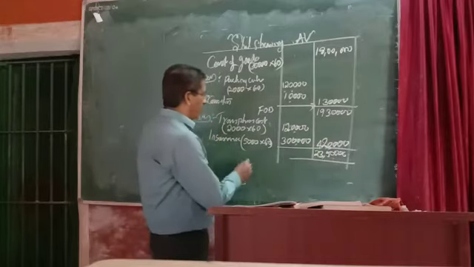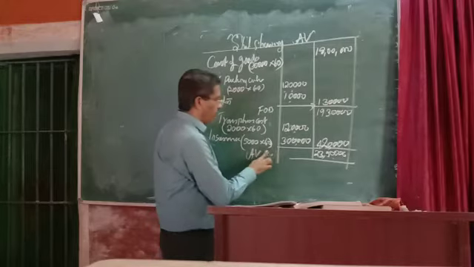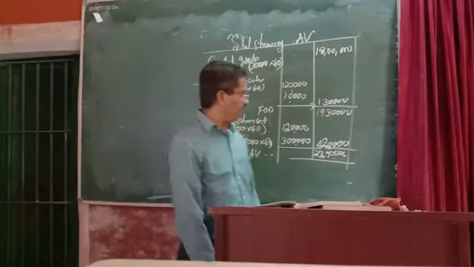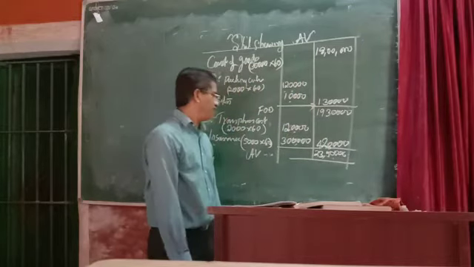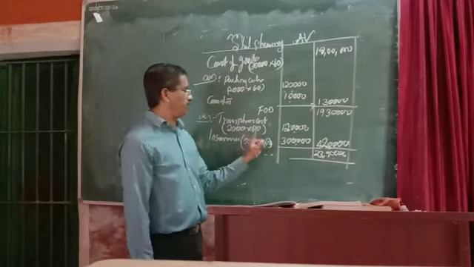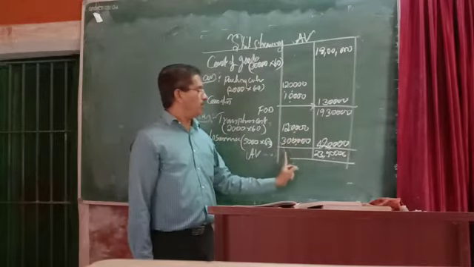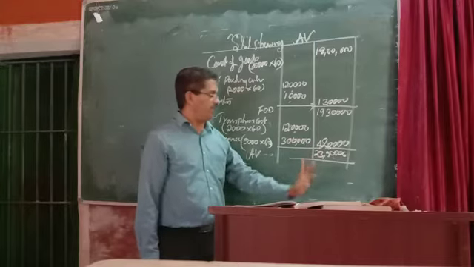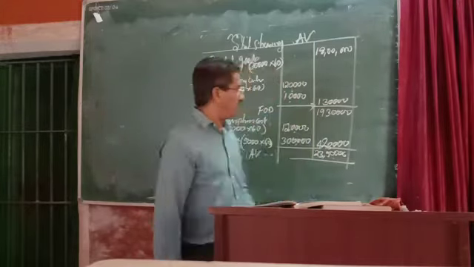So here assessable value is 23,50,000. At the time of calculation of transportation cost, I made a mistake. 2,000 into 60 should be 1,20,000. So total should be 4,20,000. Assessable value is 23,50,000.